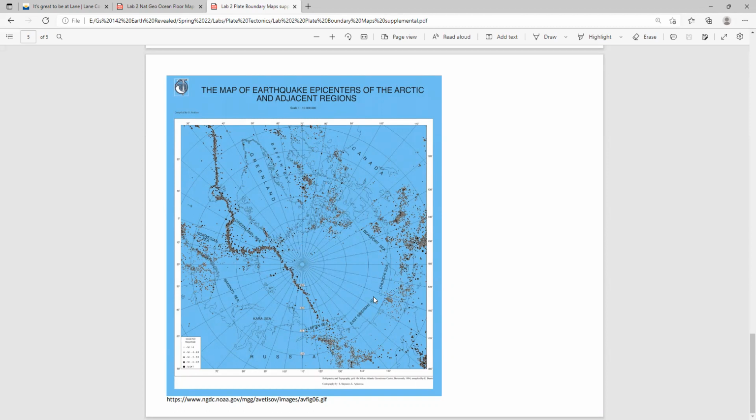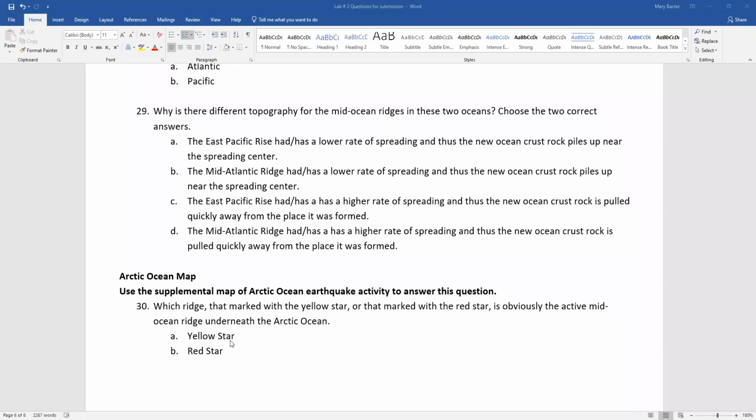I forget what the time period was that they were using here as to how long of a period of time, but even so, yeah, most definitely the yellow starred ridge, right?